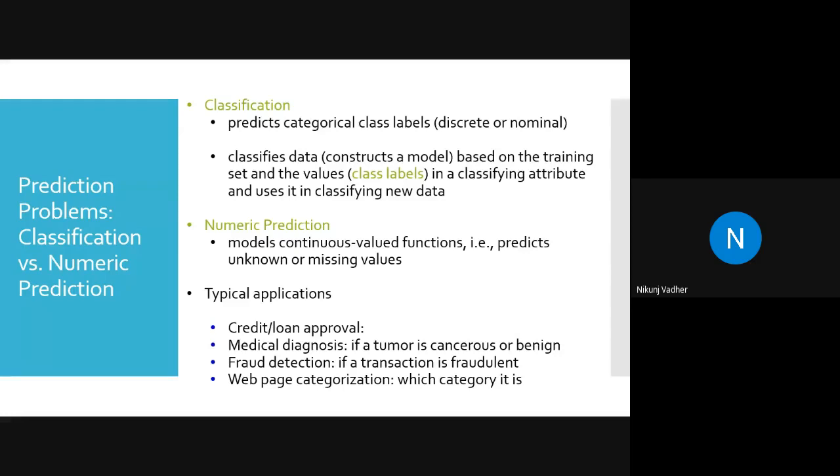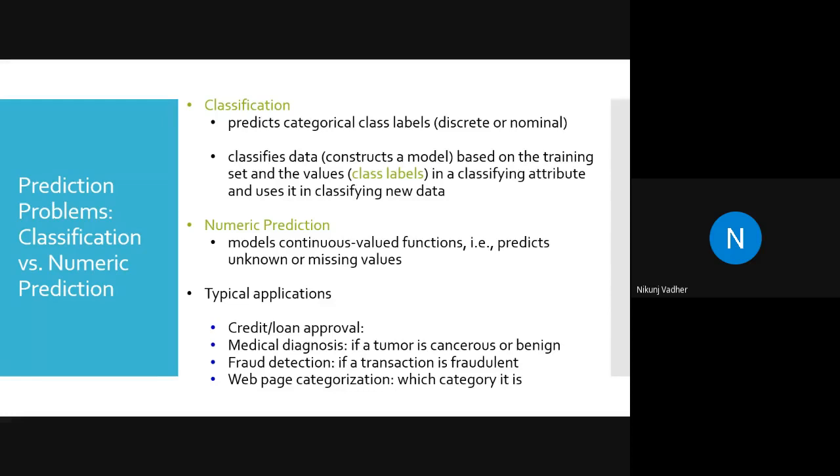Another example is credit limit: based on income and spending habit, how much credit should be given to a person. That is also an example of prediction. Credit limit will be in terms of a number, not in terms of a label.